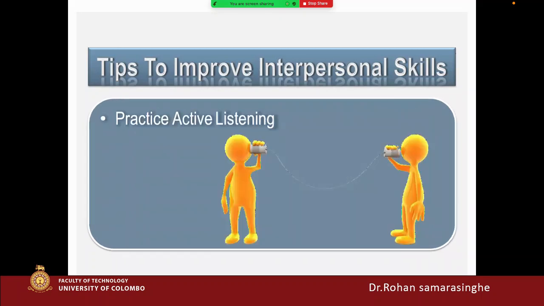The next one is practice active listening. You have to listen carefully while you are doing the work. If you are not listening to the teller, you are not paying full attention to what he is saying.